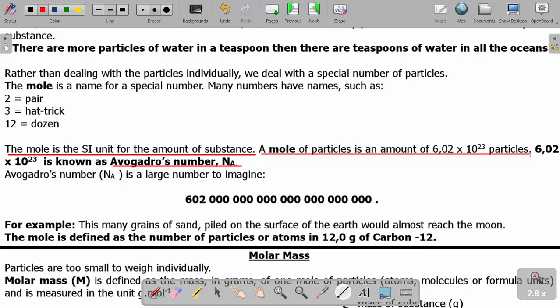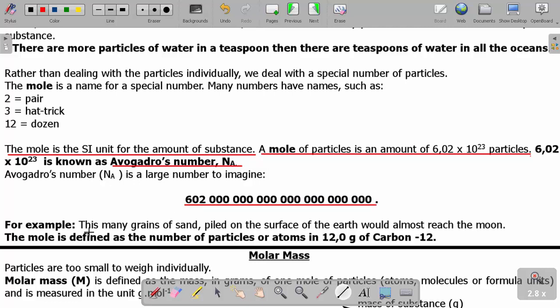Now, Avogadro's number is a very large number to imagine. It is actually 6,000,000,000,000,000,000,000,000,000,000,000,000,000. So it's such a big number.